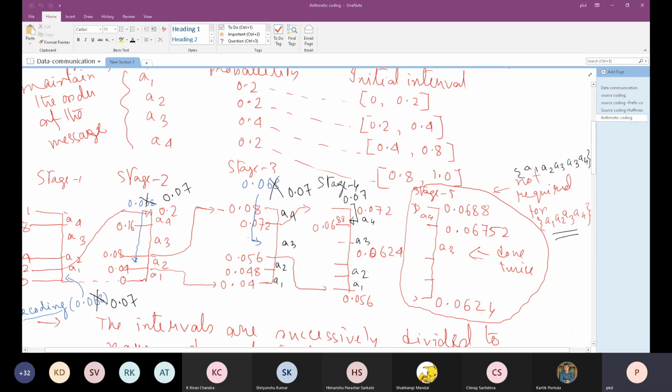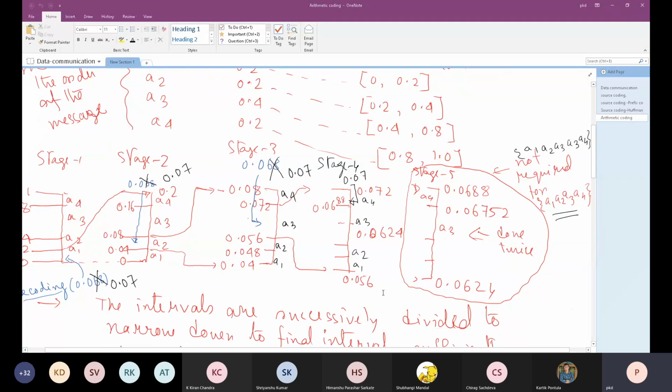Also, because there are four stages, the choice of the number will come from the final stage, the fourth stage, between A3 and A4, that is between 0.068 and 0.072.